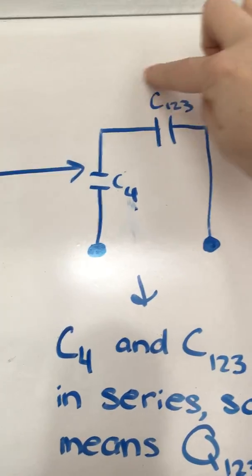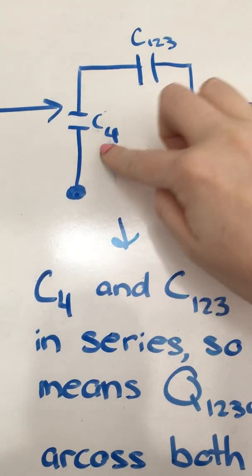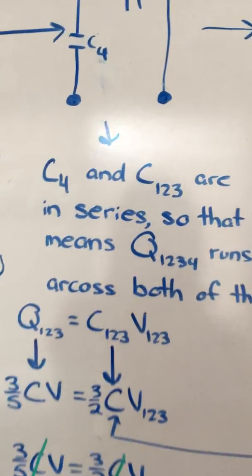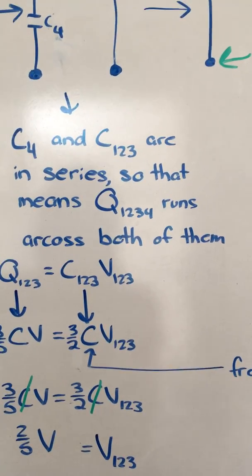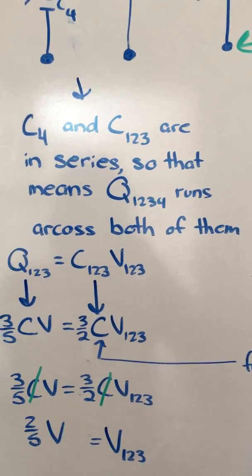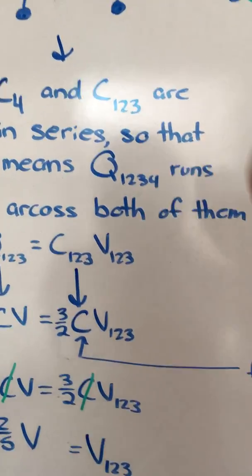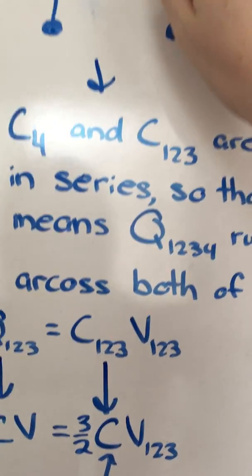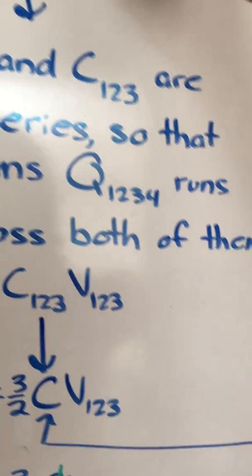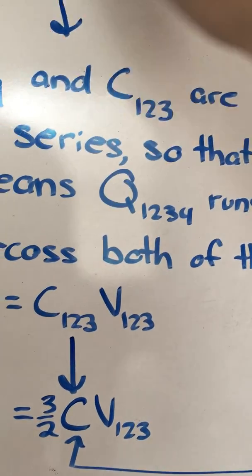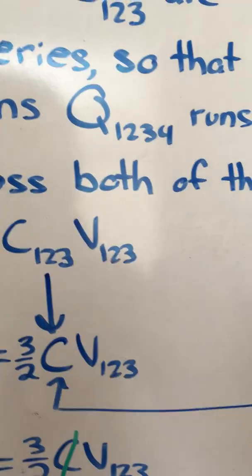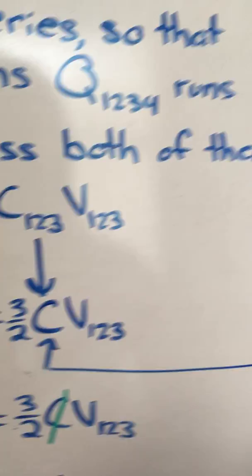It's in series. We have C123 up here and then C4 down here. So C4 and C3 are in series, so that means that Q1234 runs across both of them. So that means this charge and this charge are going to be equal, and the magnitude of that charge is going to be equal to Q1234.